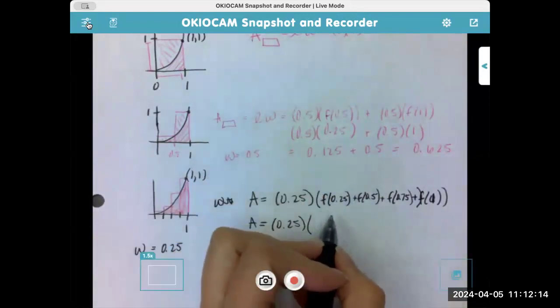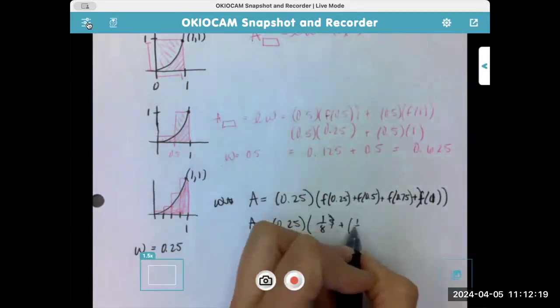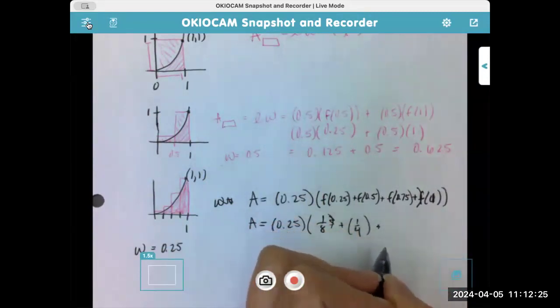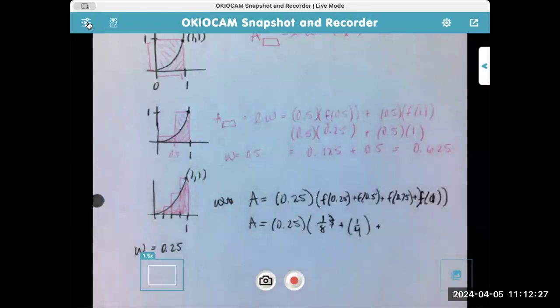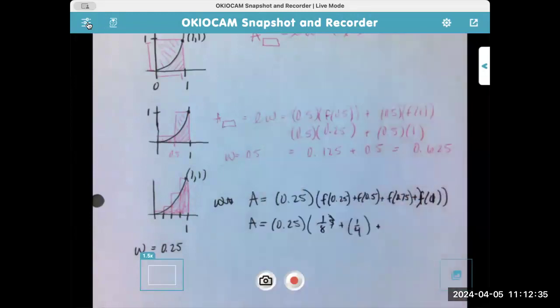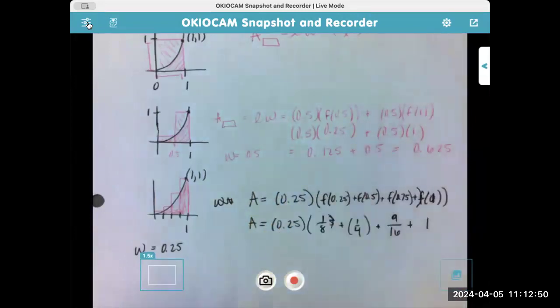So 1/4 squared is 1/8 plus a half squared is 1/4. 0.75 squared is, that's harder for my brain. That would be what? 3/4. So, oh boy, 9/16. 3 squared, sorry. Yeah, 9/16. You aren't here to correct me, so I have to check myself. What a bummer.